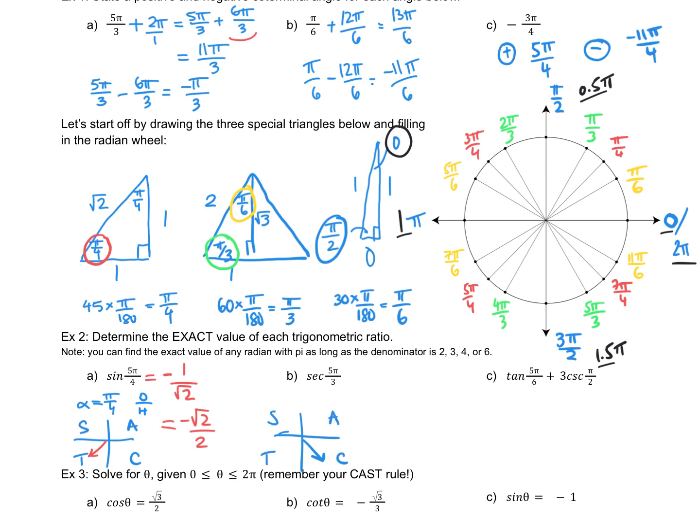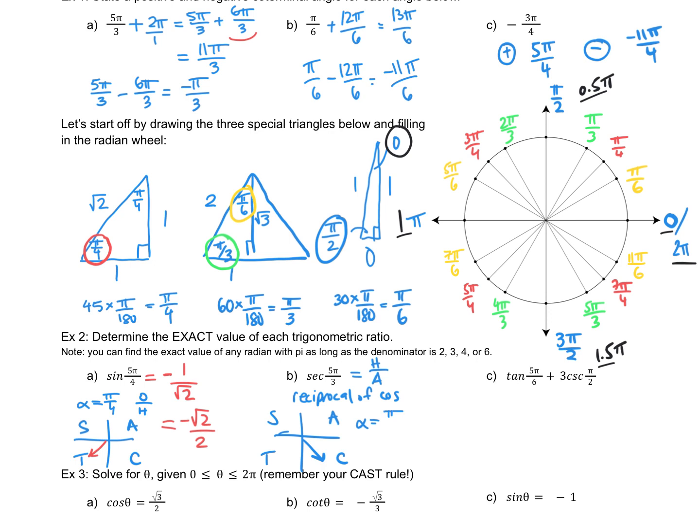But we're given secant, so there's a few things we need to consider here. Secant is the reciprocal of cos. Cos is adjacent over hypotenuse. So secant is going to be the reciprocal of that, so hypotenuse over adjacent. Now what's my alpha?